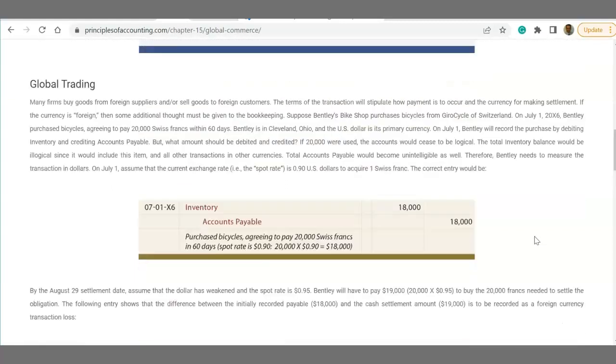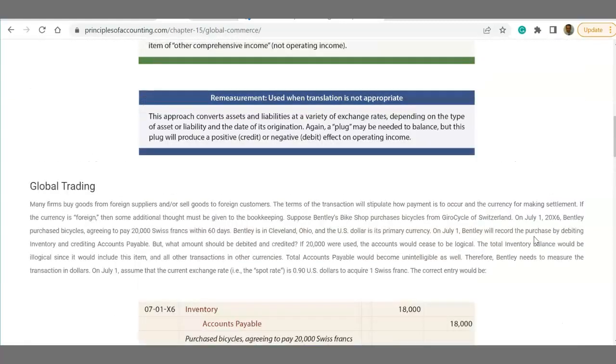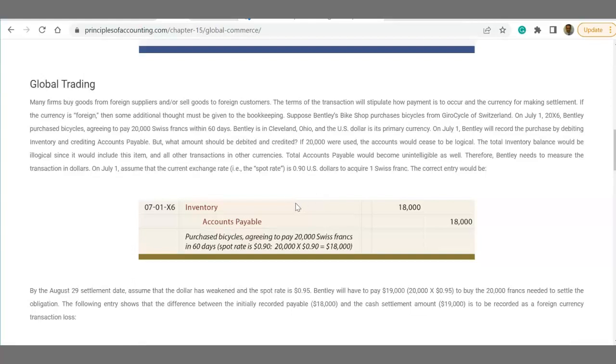Okay, this is the part that I was telling you. Let's say you have an accounts receivable from China and you are involved with global trading. So you buy inventory from somewhere, and that's your inventory. Very good. And now you have an accounts payable because of that.